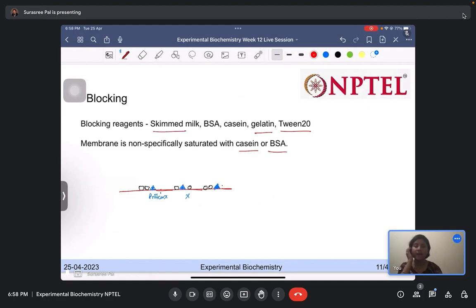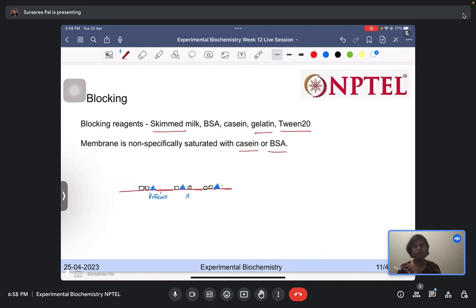Non-fat dry powdered milk is also a good and economic blocking reagent. So this membrane is saturated with this kind of protein samples.